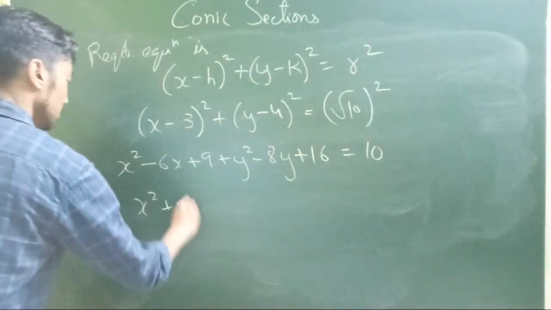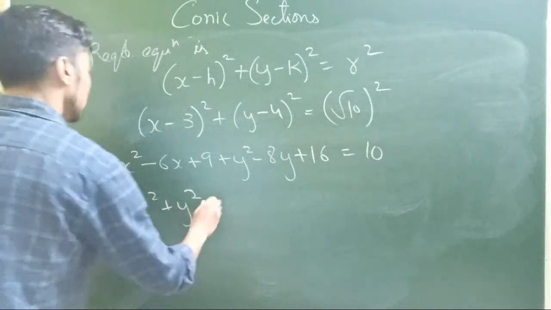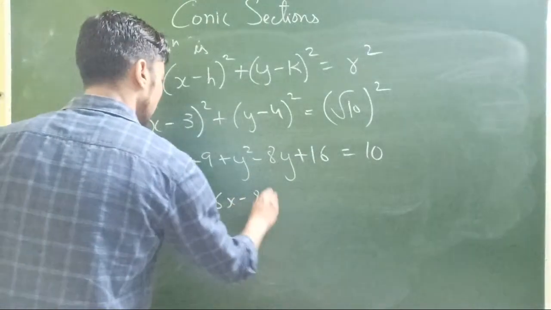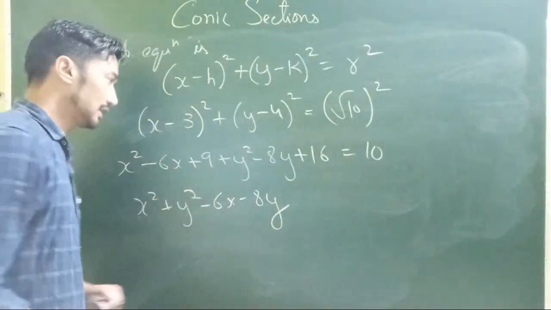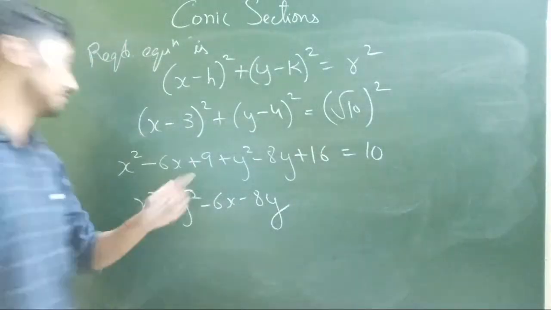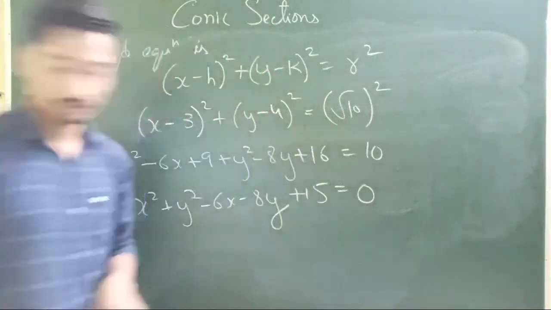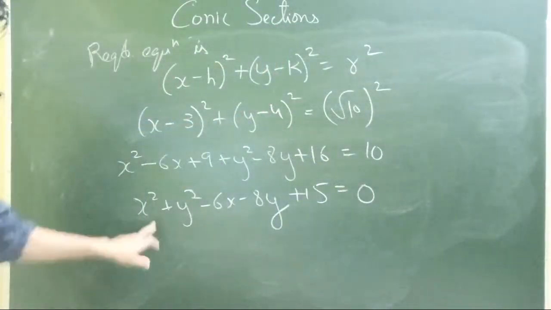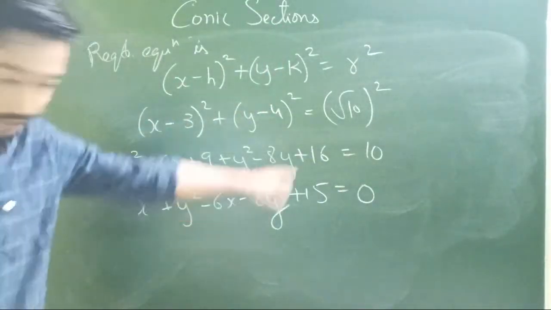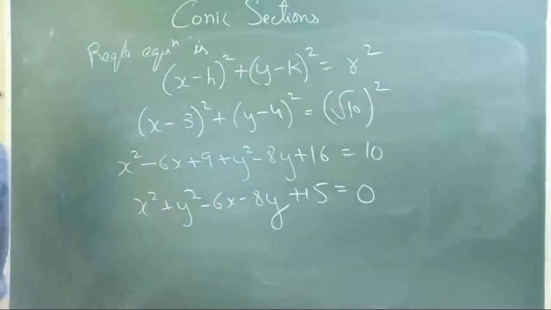So x square plus y square minus 6x minus 8y, 16 plus 9, 25. 25 minus 10 is 15. So x square plus y square minus 6x minus 8y plus 15 is equal to 0.